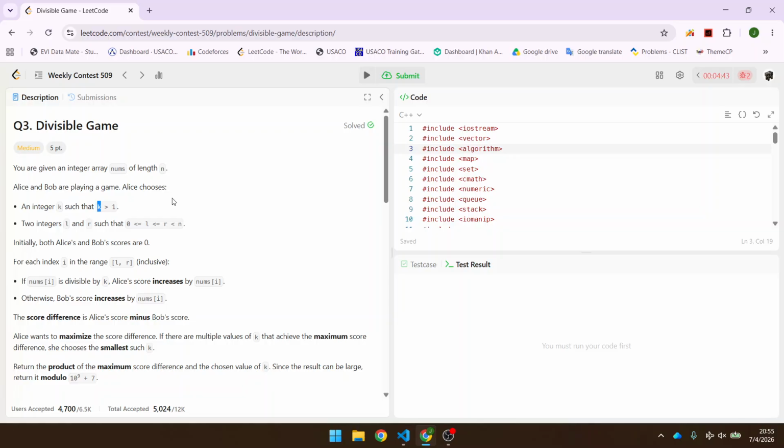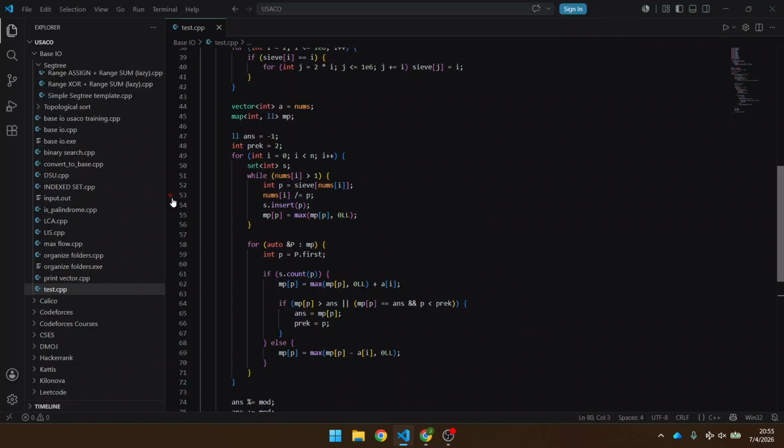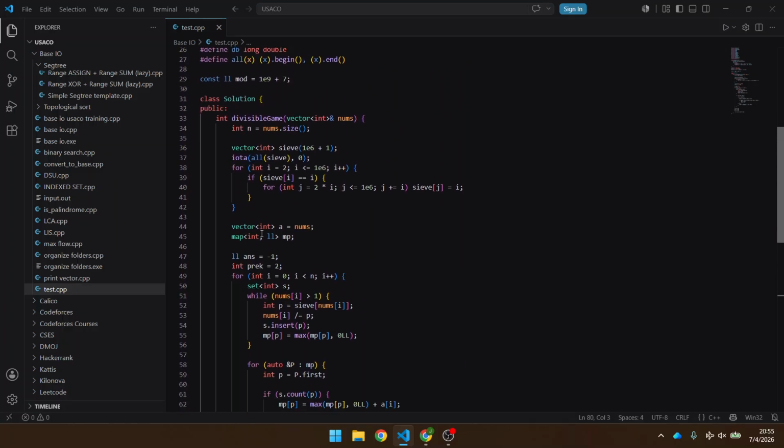It's better to be a prime than a non-prime because a non-prime can be split into multiple primes and we can choose one of those primes and it will be better. So basically, first I get all the primes.